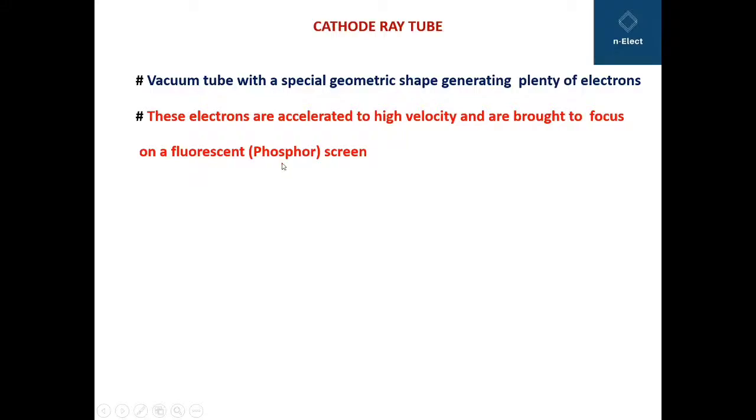Fluorescent screen means a phosphor-coated screen, a screen which is coated from the inner side with phosphor material, which has the property that when the electron beam strikes the screen, it produces a bright spot there. The electron beam produces a spot of light wherever it strikes the phosphor screen.